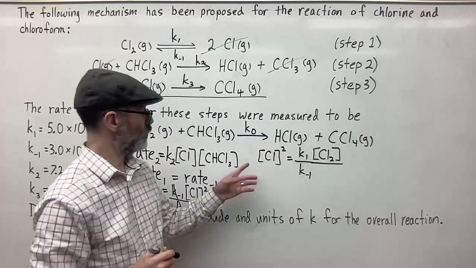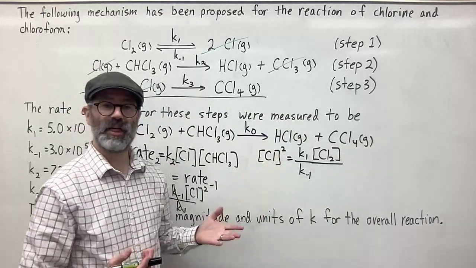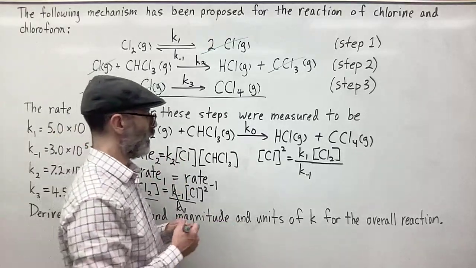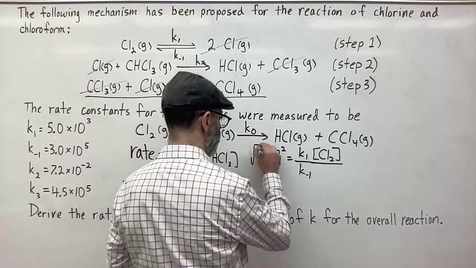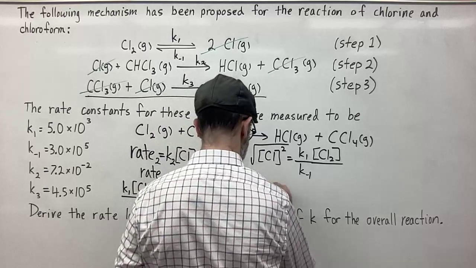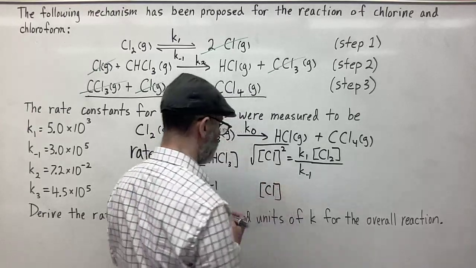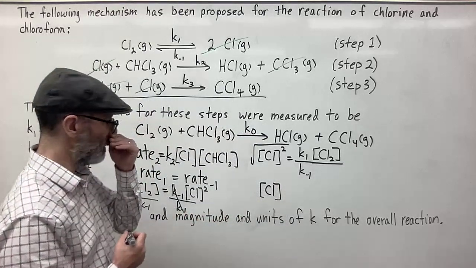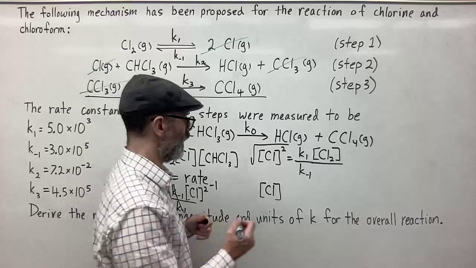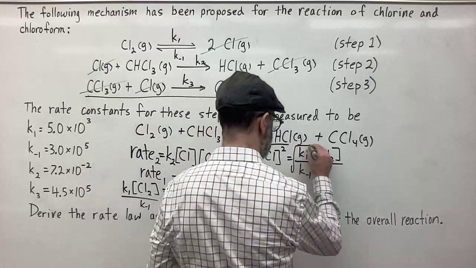Okay, I'm almost done. I have that squared there, so I have to get rid of the squared because here there's no square. So I got to square root each side. If I square root that side, I get concentration of Cl, because the square root undoes the square. Then I got to square root this side here.